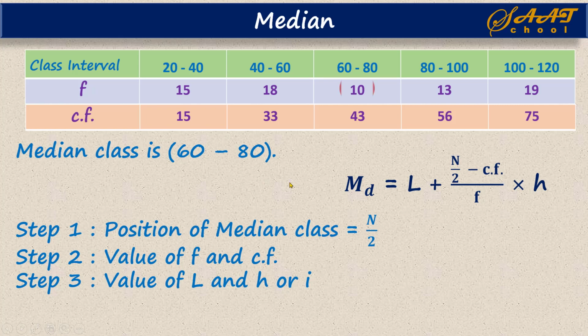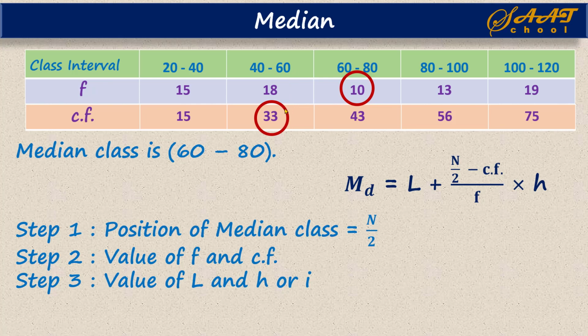So these are the steps. Now to find f, we take the corresponding frequency of the median class. We have the median class, which is 60 to 80, and f is the corresponding frequency. Now Cf is different. To find Cf, we look for the pre-median class. Here the corresponding cumulative frequency is 33.